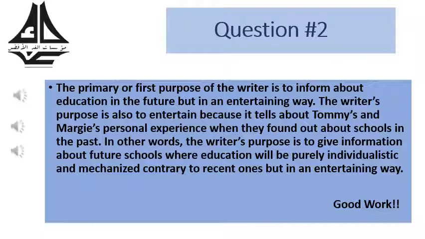At this point, we can say that his purpose is to inform. How shall I explain or prove that? By saying that he is telling us, he is giving us information about future schools and the schools in the past as well.